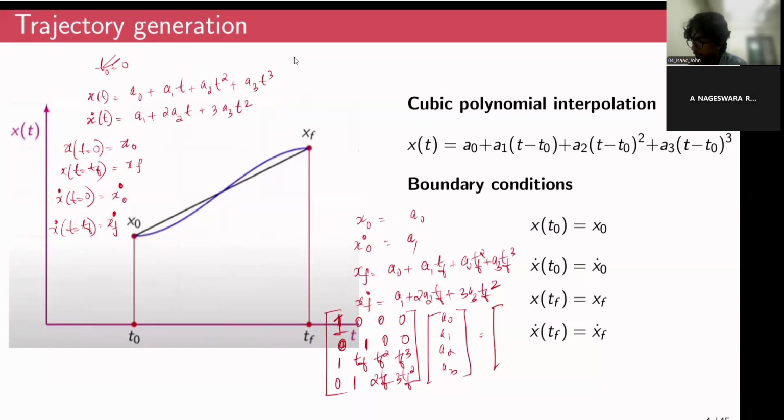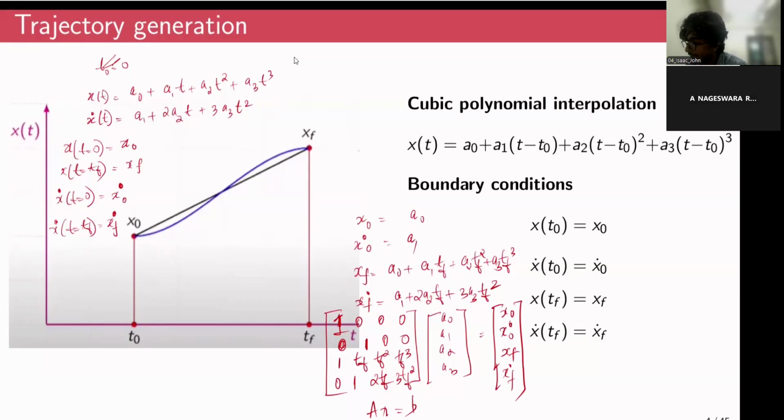And on the other side of your equality, you have x0 dot, xf dot. So this is of the form A multiplied by x equals b.